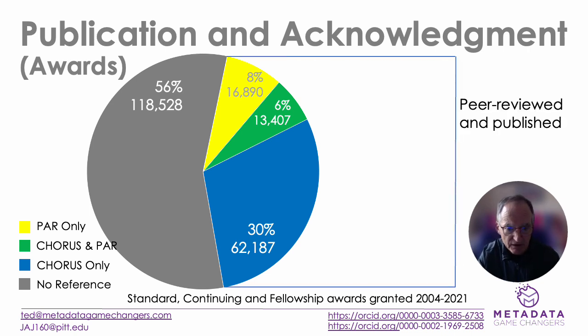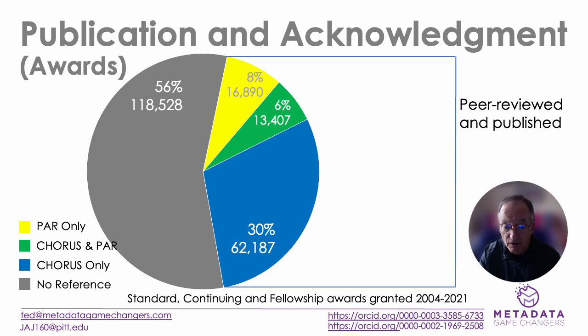Well, what does that really mean in terms of the data journeys? Well, chorus gets information from Crossref, and so items in journal articles in Crossref are generally peer-reviewed, and so everything here in chorus, the blue and green groups, was peer-reviewed and published in some journal.